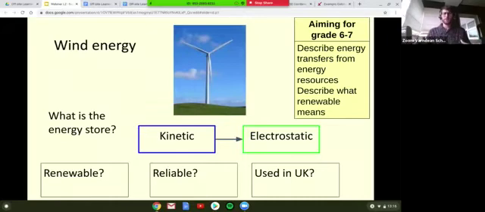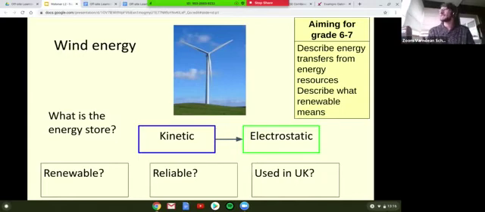They are transferring that electrostatic energy in the national grid into their electric fan, which is transferring that electrostatic energy into kinetic energy. It's basically doing the opposite of what the wind turbine is doing, and it's pushing air around your room, keeping you cool.